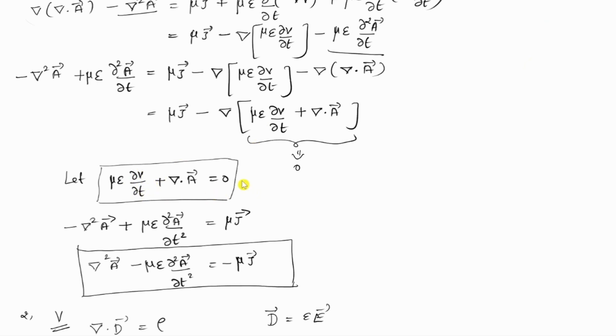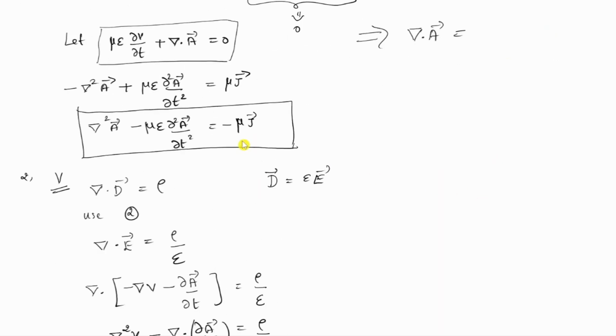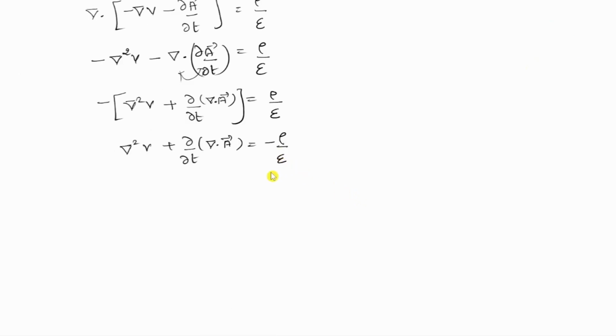If we use this, finding del dot A gives minus mu epsilon dou V by dou T. I'm going to substitute this here, so instead of del dot A, I'll substitute minus mu epsilon into dou V by dou T. Let us write it again: del square V plus dou by dou T into minus mu epsilon dou V by dou T, that is equal to minus rho by epsilon.